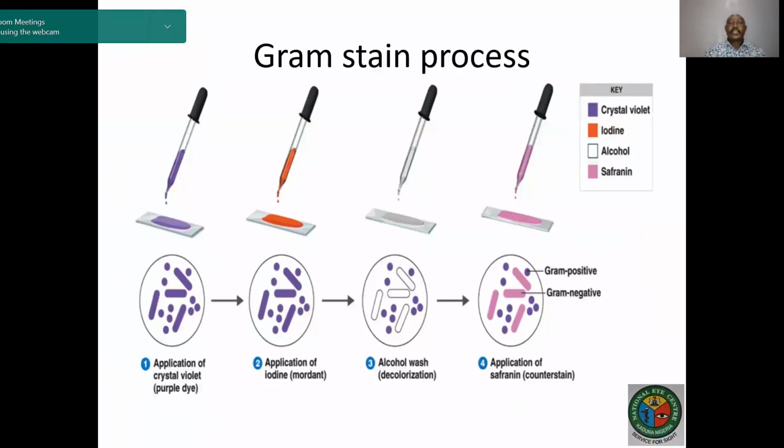That gives the staining, and thereafter it is washed again using an alcohol-based solution, and finally safranin is used as a counterstain, and then the slide is observed under the microscope.